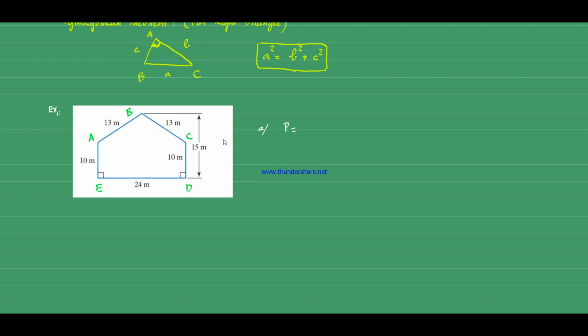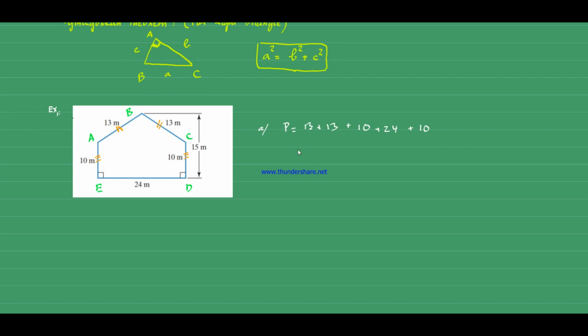The perimeter over here will be 13 plus 13 plus 10 plus 24 plus 10 again. This side is congruent to this one, and this is congruent to this one right here. Now we go ahead and add them up.